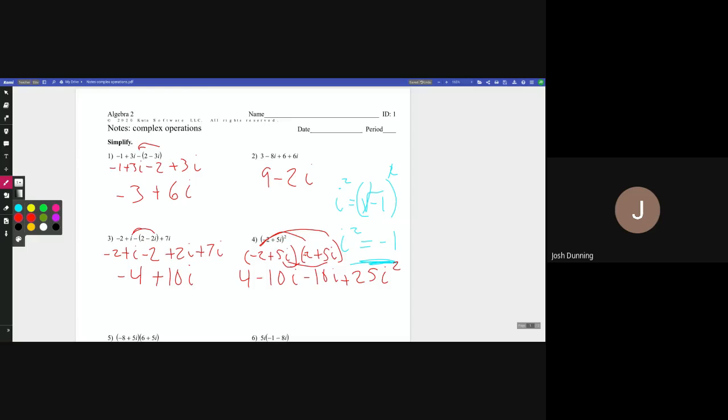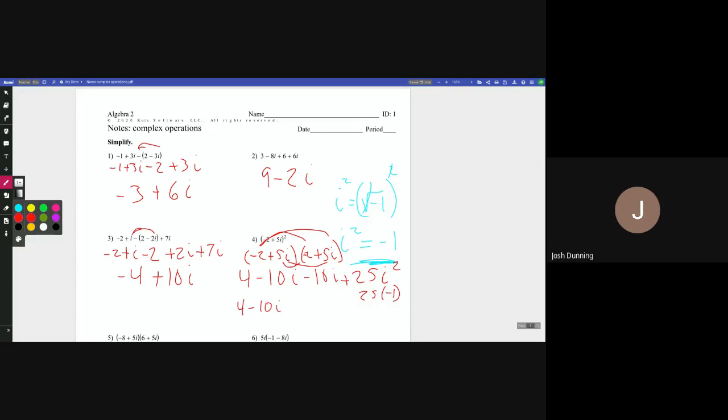i squared. Well, here's where we use what we just figured out. i squared is negative 1. So I'll substitute negative 1 in. All that will do will be to change the plus 25 to minus 25.